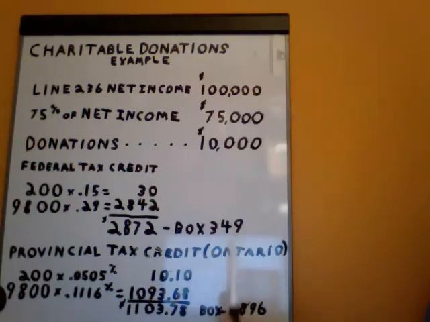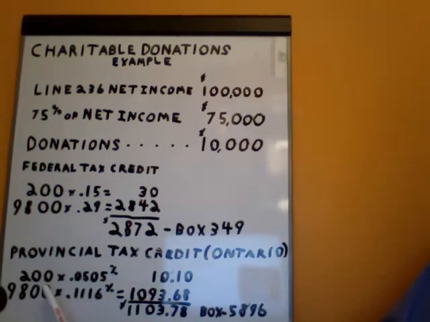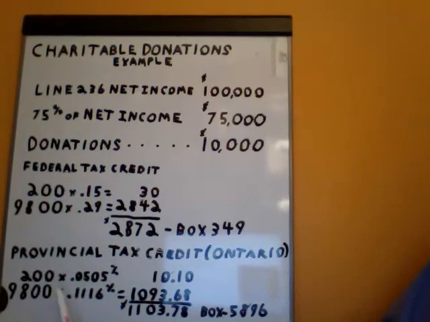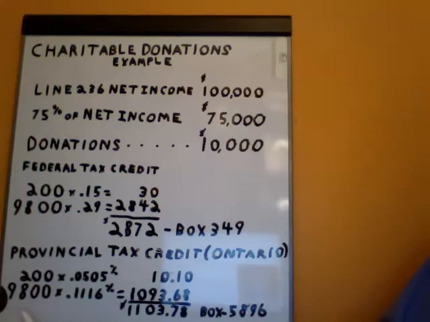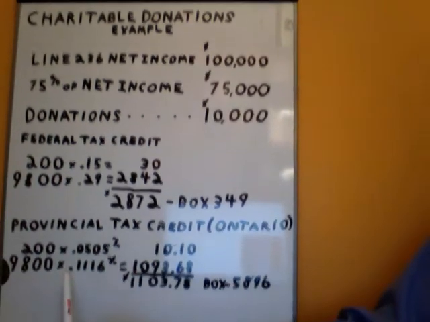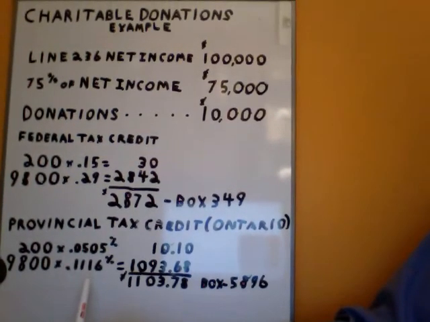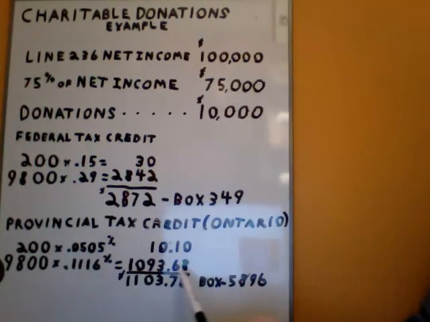Now, on the provincial component, for Ontario, I'm going to use the same amount, $10,000. The first $200 would be multiplied by the low Ontario marginal rate of 5.05%, equaling $10.10. The remainder, $9,800, would be multiplied by the high marginal rate in Ontario of 11.16%, equaling $1,093.68.